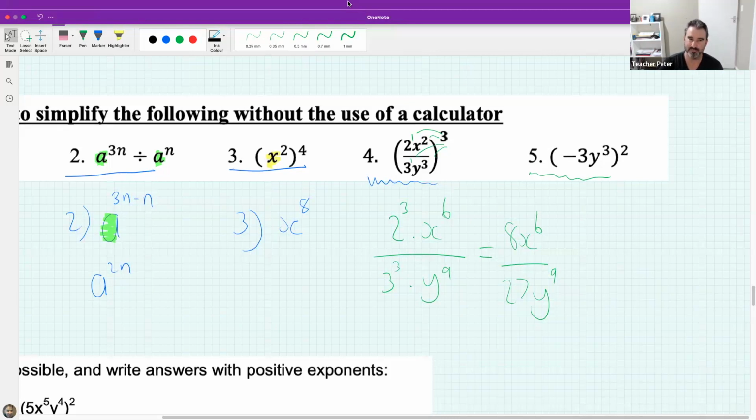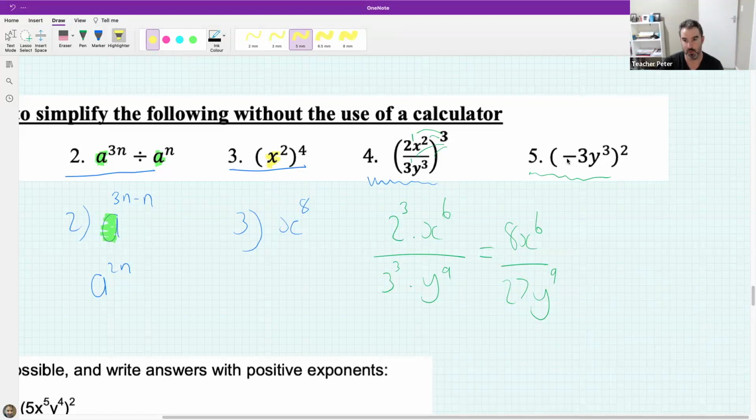So I was thinking, maybe you agree with me, give me a thumbs up if you do. It's this minus. Minuses tend to behave badly. So the question is, how do we deal with the minus?